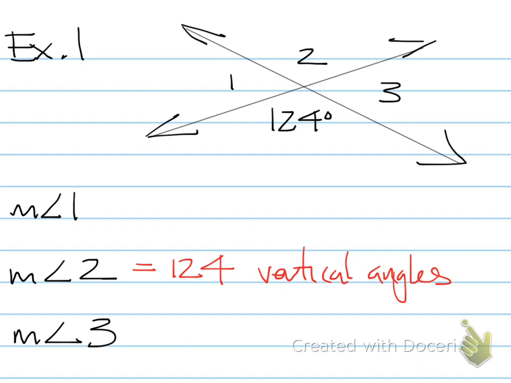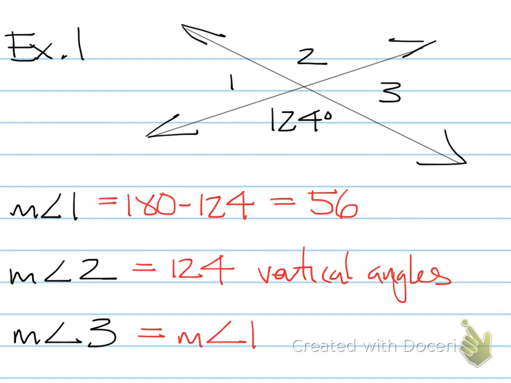So I would add those two angles together, set them equal to 180, or subtract 124 from 180 to determine the measure of angle 1. So the measure of angle 1 is 56, and 1 and 3 form vertical angles, so angle 1 has the same measure as angle 3. It is also 56.